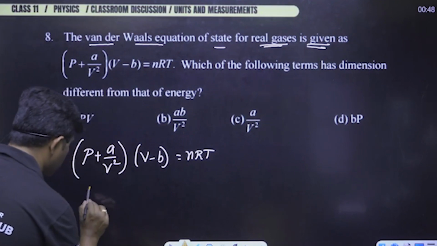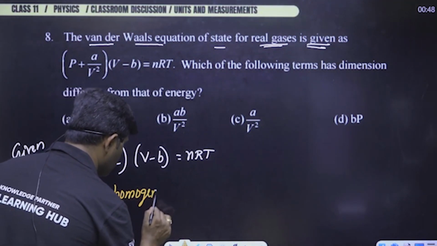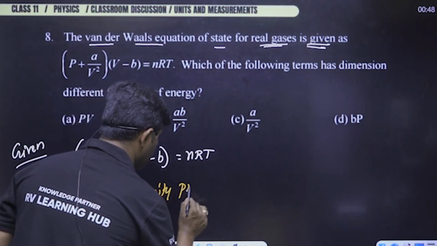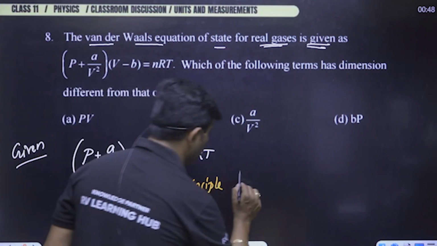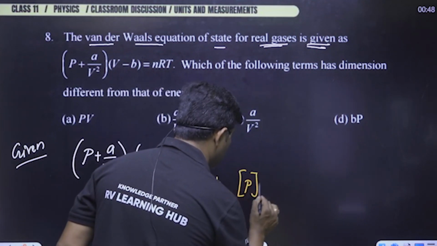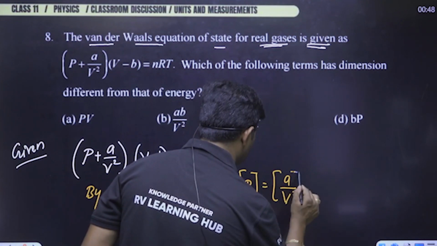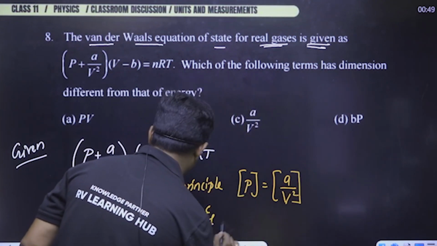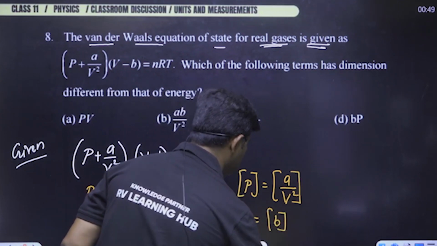By the principle of homogeneity, we have to think that the dimensions of the pressure must be equal to the dimensions of a by V square, and the dimensions of the volume must be equal to the dimensions of b.